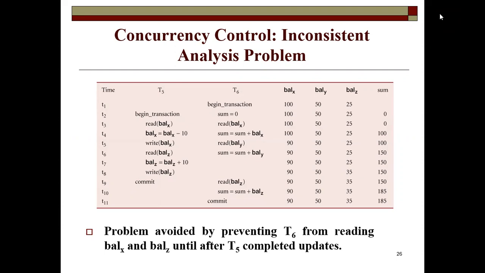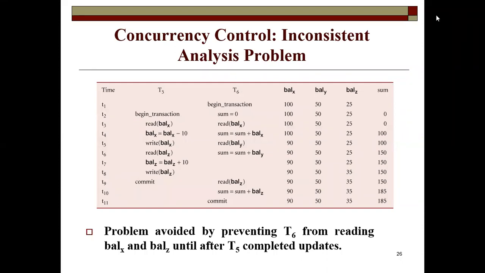I would like to answer Twakil in the chat how the sum goes from 50 to 150. When you look at transaction T6, they're saying that the sum equals the sum of 0 plus the balance of X, which is 100. So the sum has moved from 0 to 100.